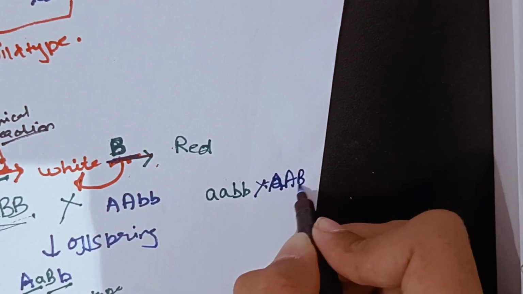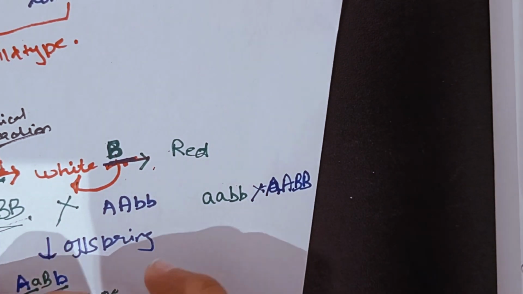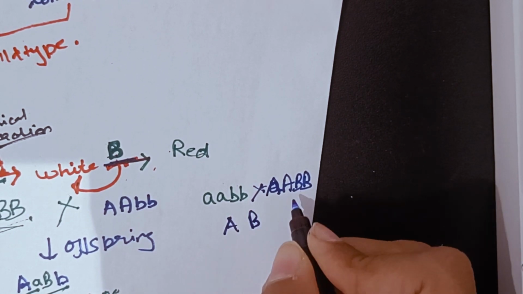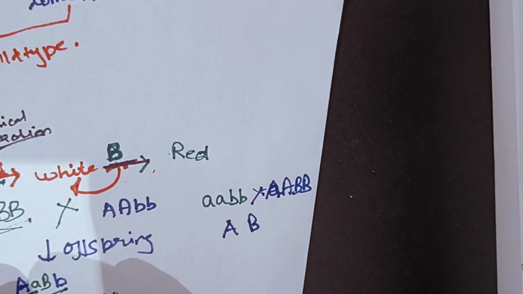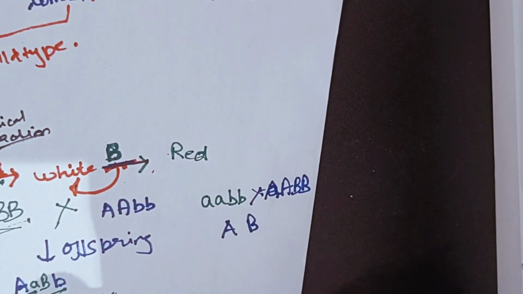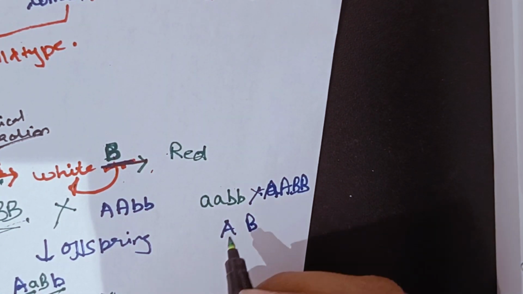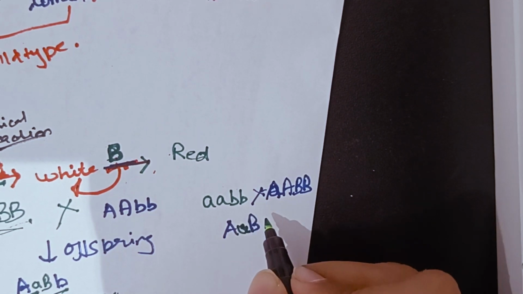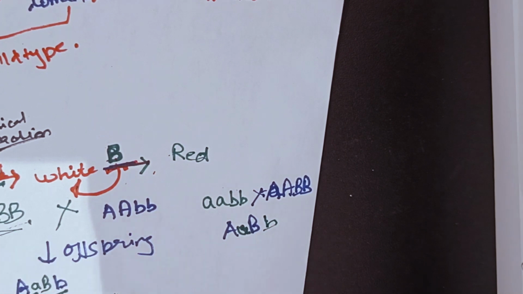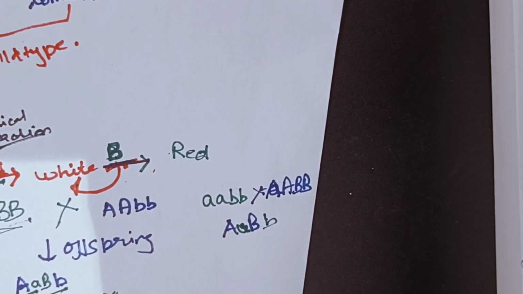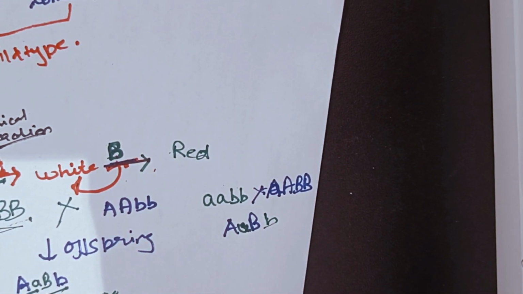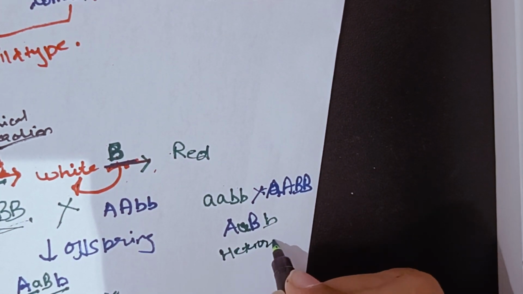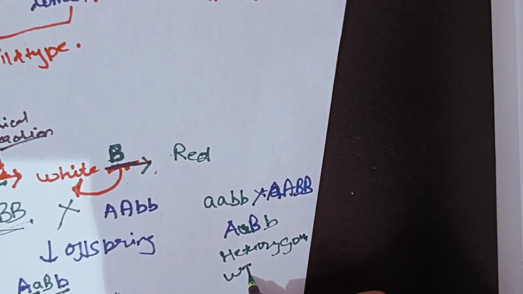The offspring that we get from here are capital A, small b, capital A, capital B from here, and small a and small b from here. But because the mutations are still in different genes from this parent, we still get the heterozygous one and wild type phenotype.